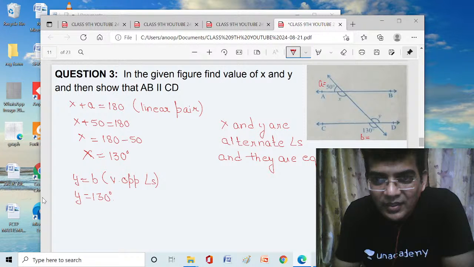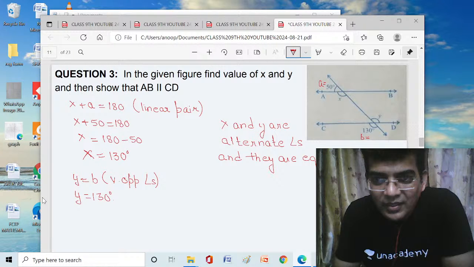So this proves that AB must be parallel to CD. Because if these two lines are parallel, then only the alternate angles can be equal. Otherwise, they cannot be equal. So as we have shown, the two alternate angles are equal, so we can say that the two lines are parallel.